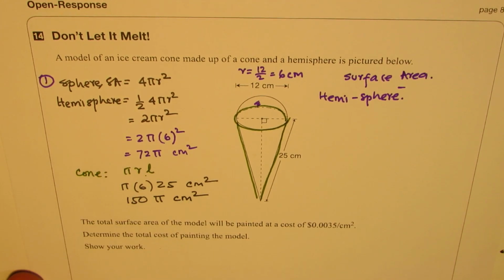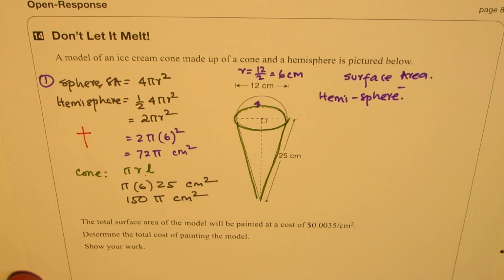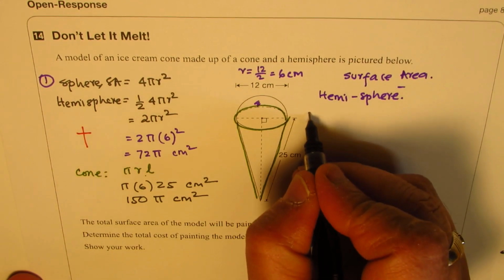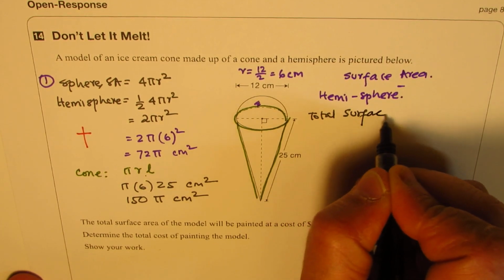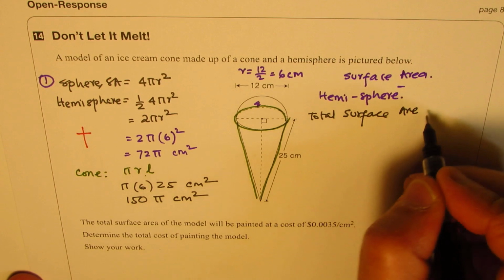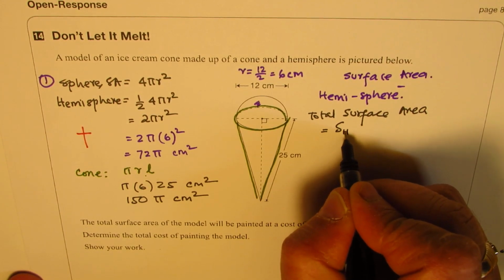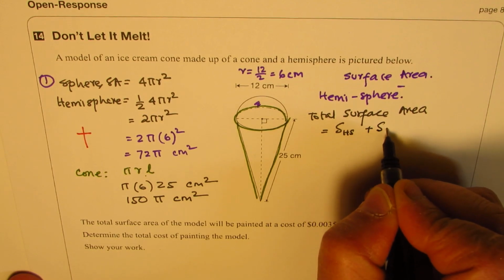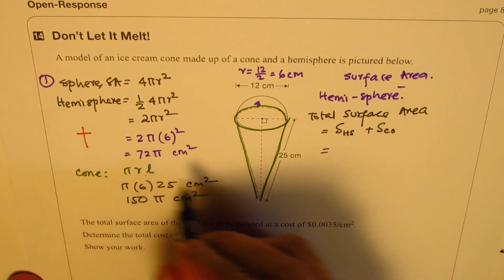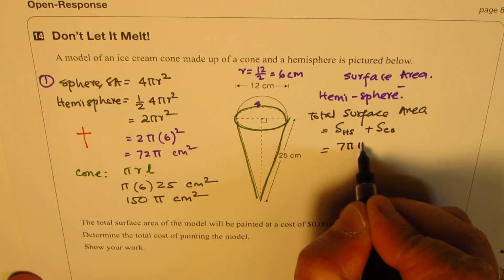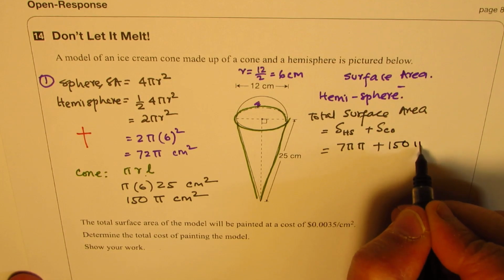Now we are looking for total surface area. So we are going to add both of them, right? When you add both of them, let me write down here, total surface area, which is equal to surface area of hemisphere plus surface area of cone. For hemisphere, we got 72 pi, and for the cone, we got 150 pi.